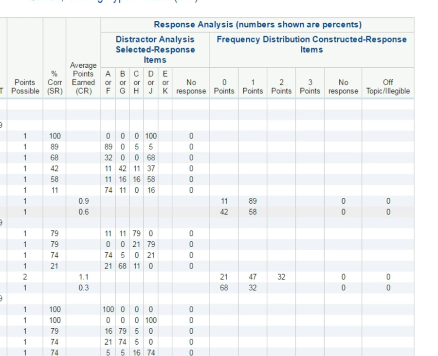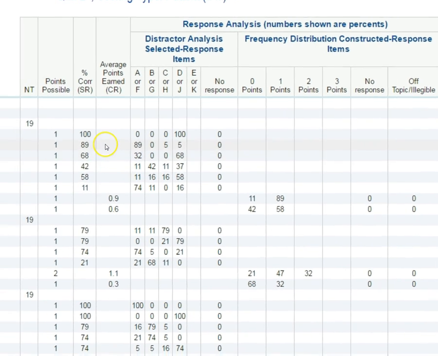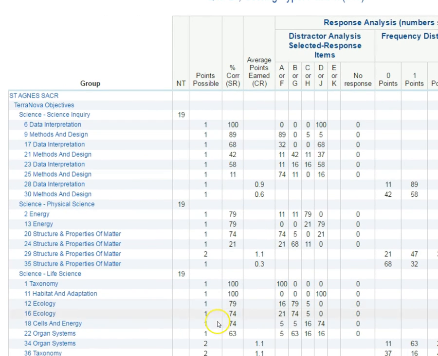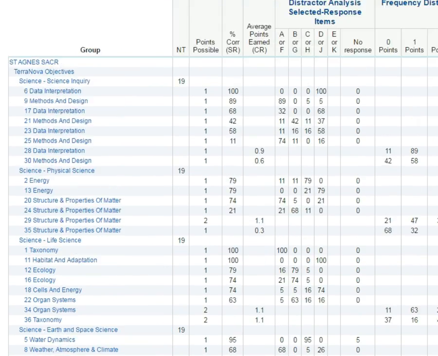If I'm looking at the class I currently have and they did poorly, again, I need to refocus my instruction to make sure that they have those skills before they leave me at the end of the school year. I'm identifying right away the skills that they're very good in and the skills that they're not so good in, just by taking a look at that.